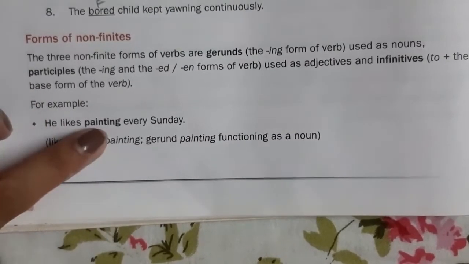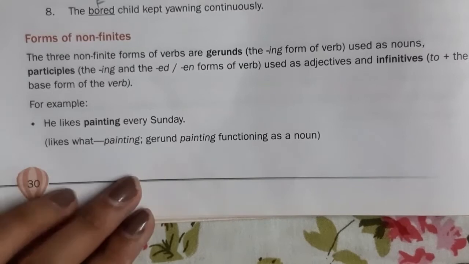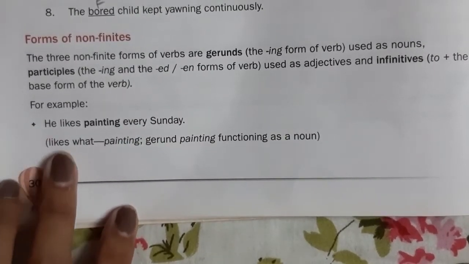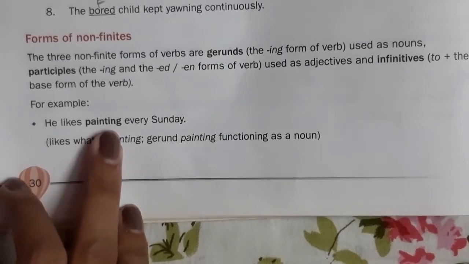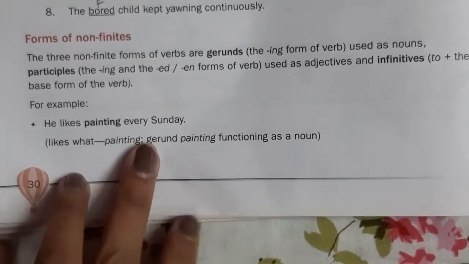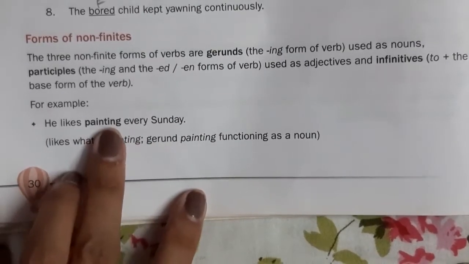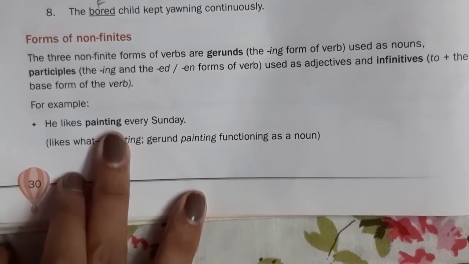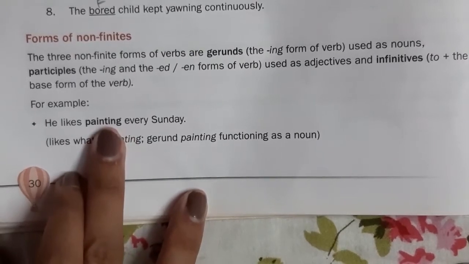He likes painting every Sunday. So he likes painting every Sunday, but he likes what? He likes painting. Painting is a gerund which is made up of paint, that is verb, plus ing. And it is functioning as a noun in this sentence.